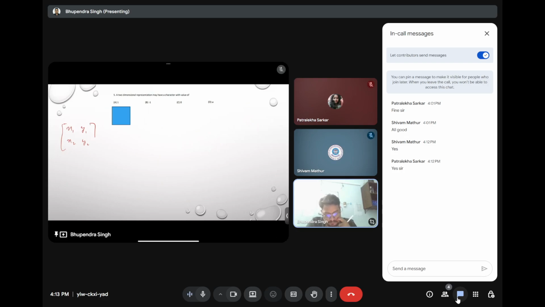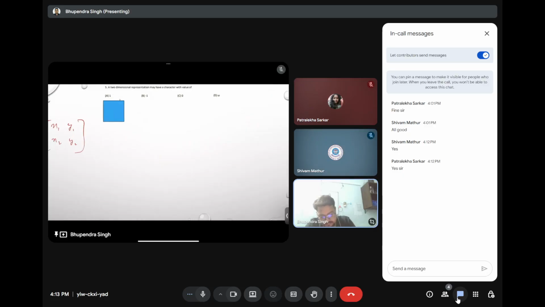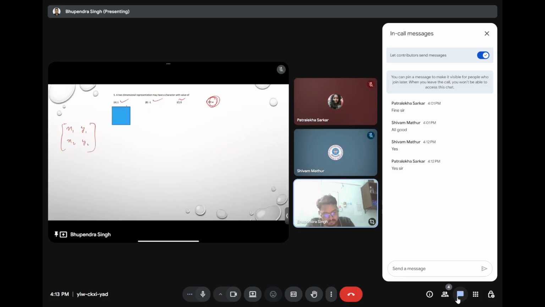So these all are possible, I think. But imaginary is not possible. But here 0 is possible because it is 1, 0, 0, 1. So this is like the identity, the two-dimensional identity matrix.